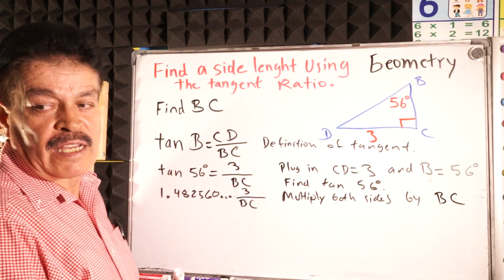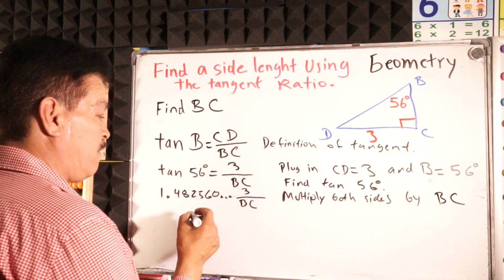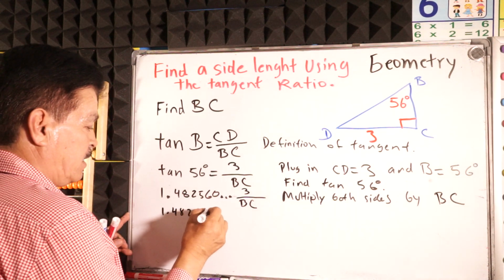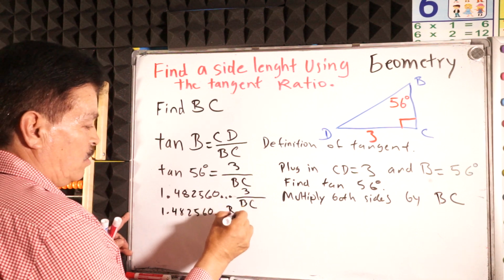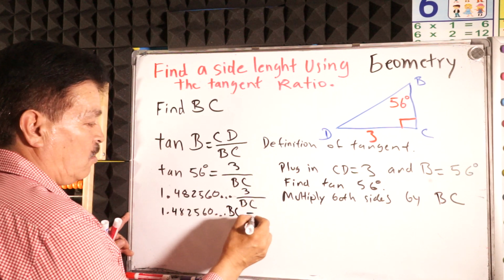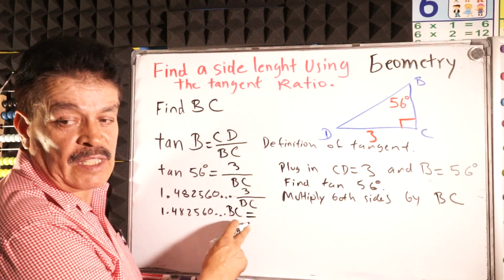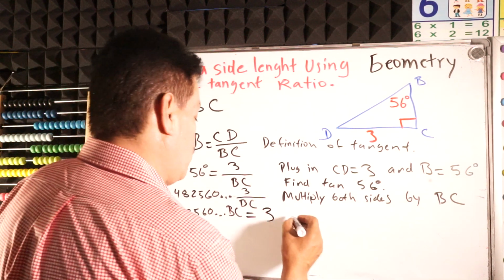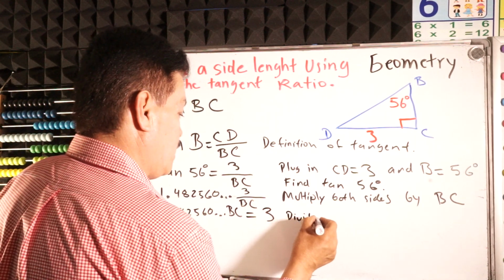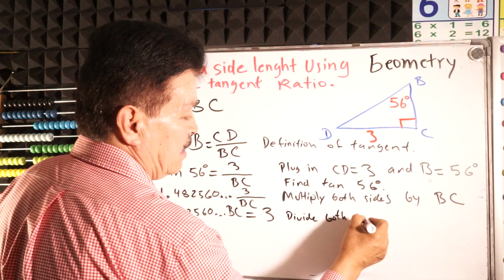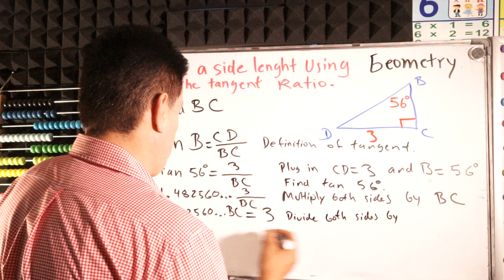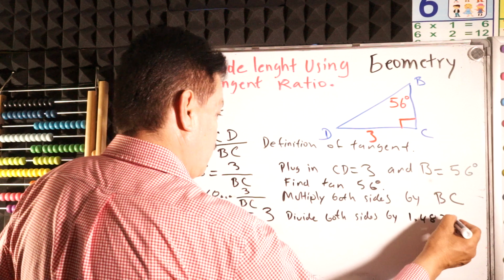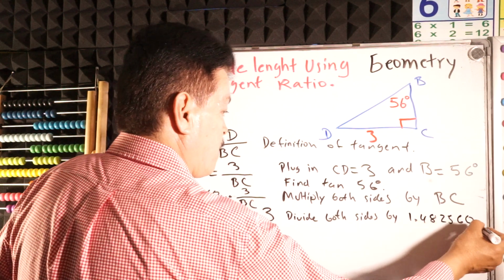You multiply both sides by BC, you will have 1.482560 multiplied by BC equals 3. Right? Now we have to divide both sides by 1.482560 and so on.